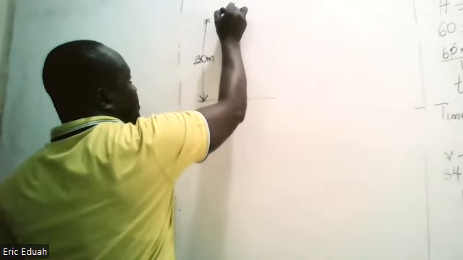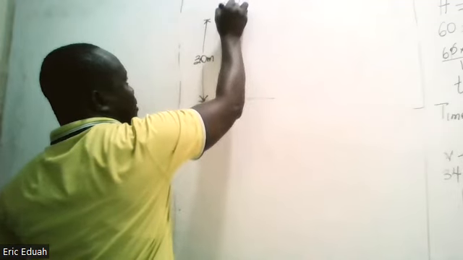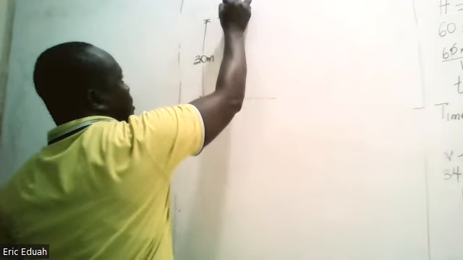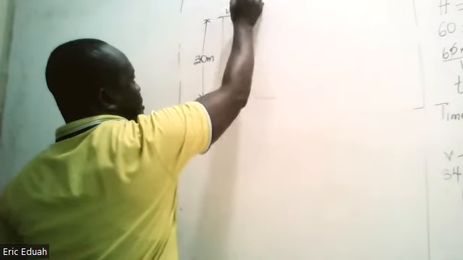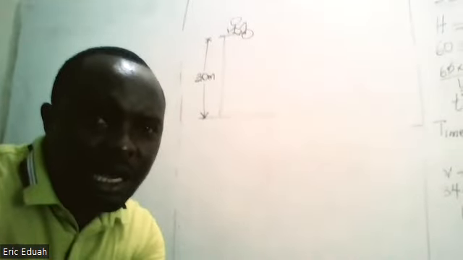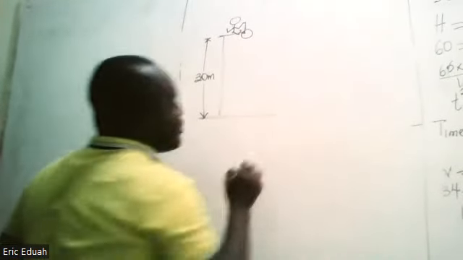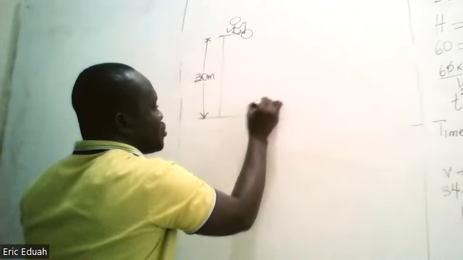So it can be, say, on top of the cliff. You are projecting a stone downwards. Then at that same instant, I have another person also projecting another stone upwards.